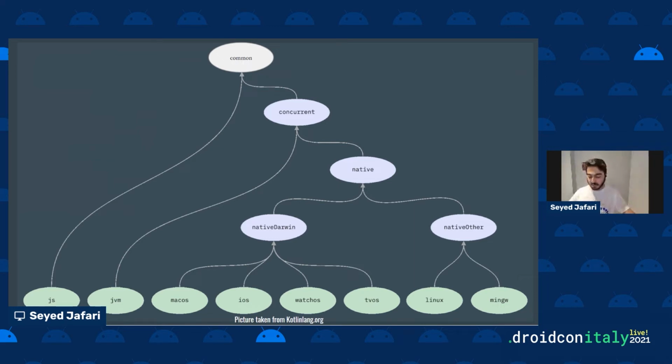If you have native code that can be run on all of the native platforms or targets, then you can by all means write your native code in native main. So it leaves your hands wide open on which part of the code can be shared, and which part has to be rewritten for every architecture.